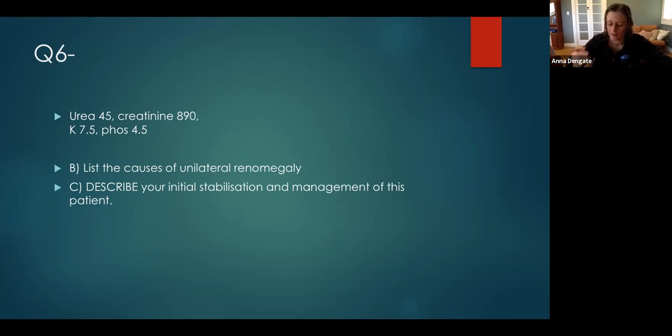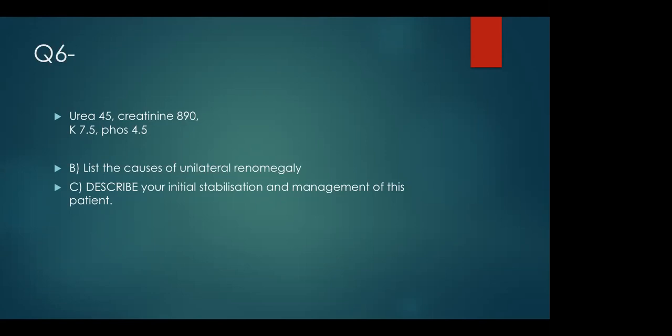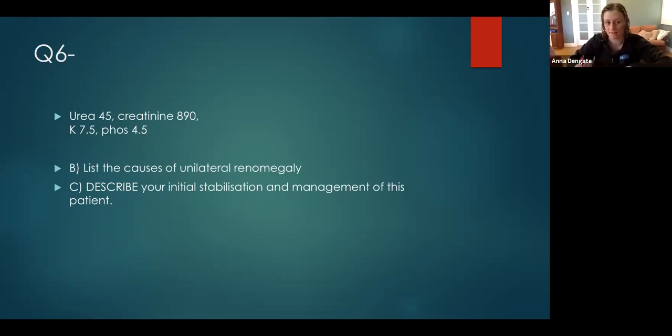Okay, you give a glucose bolus. This cat's blood glucose is 22 and the potassium remains at 7.2. What else can you do? You can also give insulin. Good. Excellent, Grace.